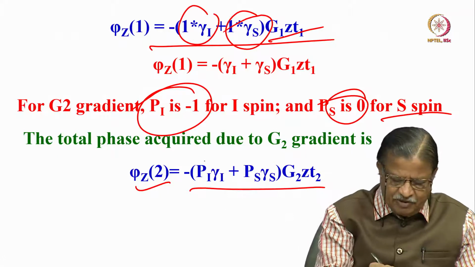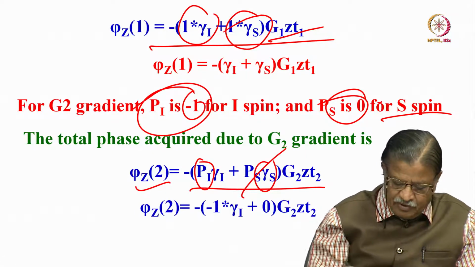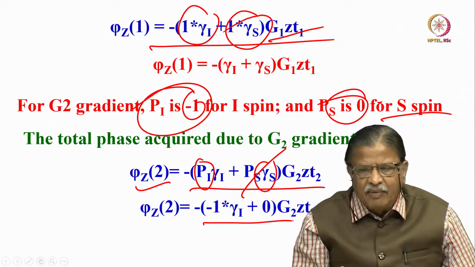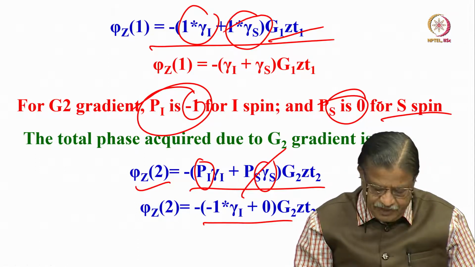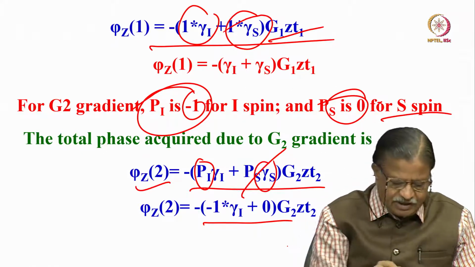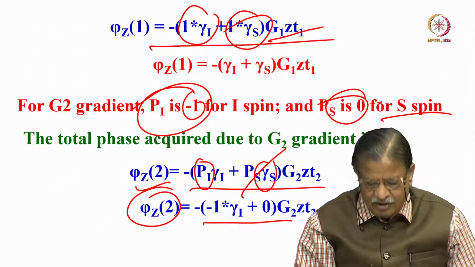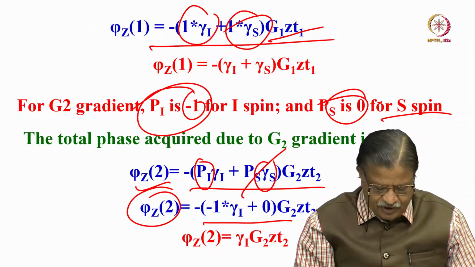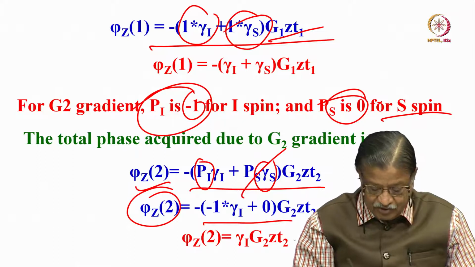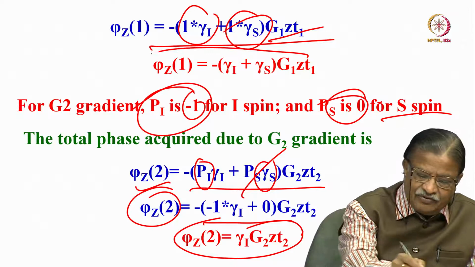Now in this case substitute Pi as minus 1, Ps as 0. So this term will go, and what you are going to get is minus of gamma I into G2 Z T2. This is the phase acquired during G2. So phi Z2 turns out to be this one. We already calculated what is phi Z1.